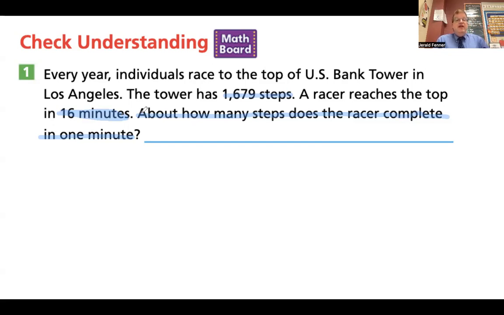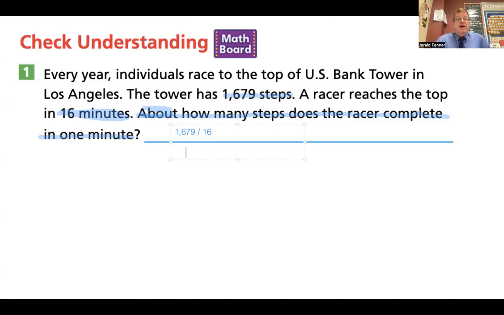And it says the word about. So we are going to have the problem of 1,679 divided by 16. Now, if we really look at that, we always round the divisor first.